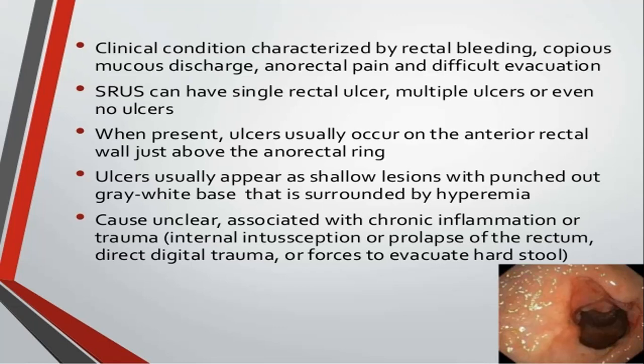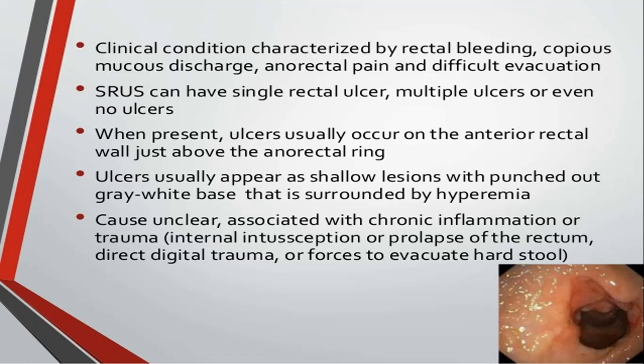So the anorectal ring marks the rectal and anal junction. Just above it, the anterior wall of the rectum shows a single ulcer, multiple ulcers, or nothing.